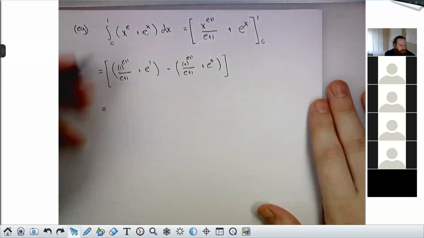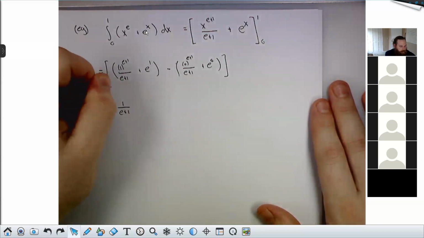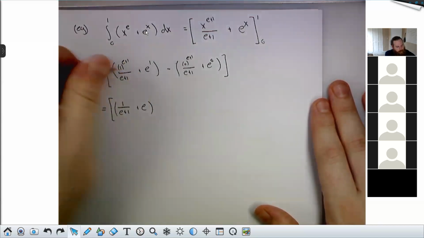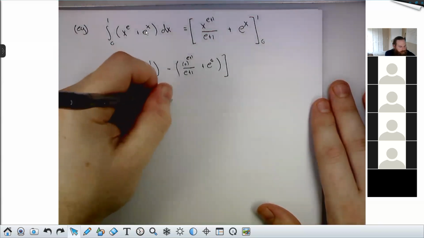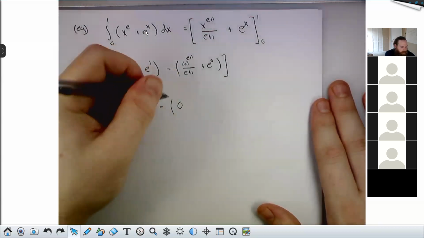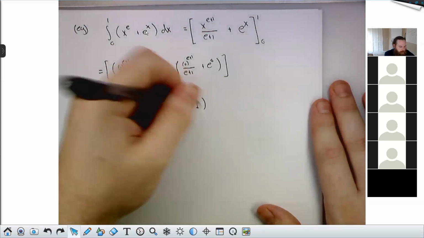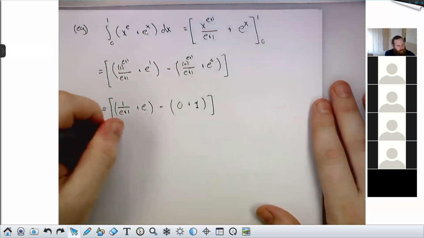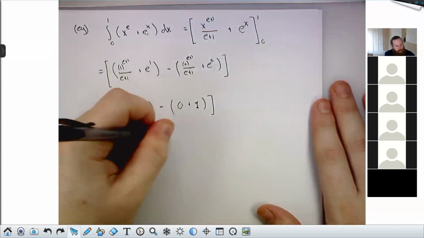So 1 to the e plus first power is just 1. So this first piece is 1 over e plus 1. And e to the 1 is e. The 0 raised to any constant power is just 0. So this is 0 over e plus 1, or 0 plus e to the 0, which is 1. So here we get 1 over e plus 1 plus e minus 1.